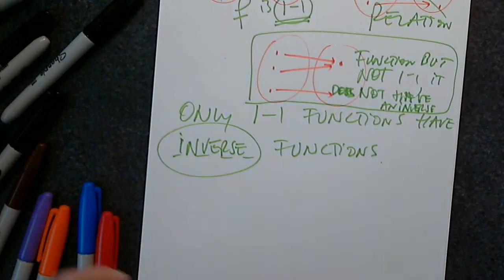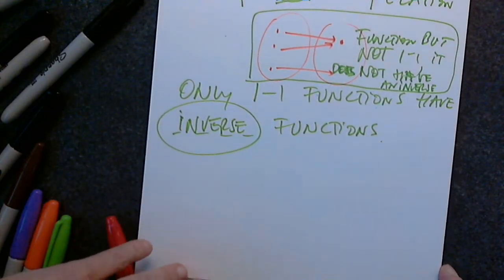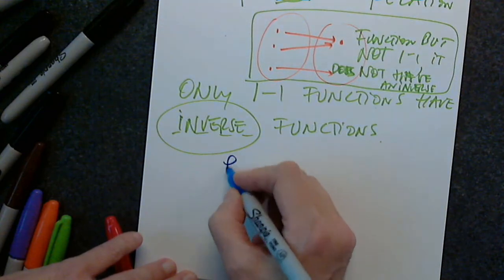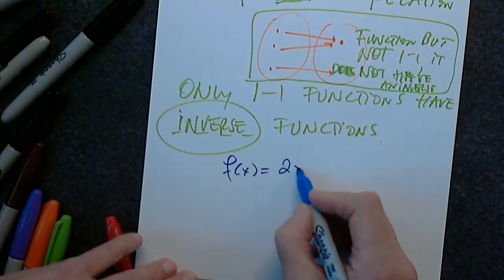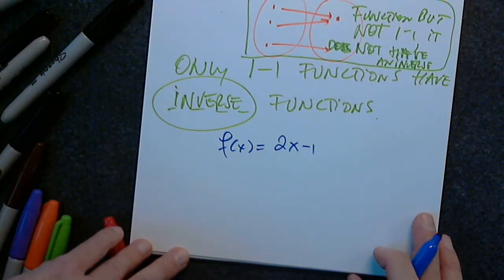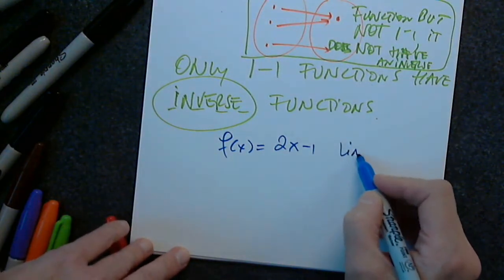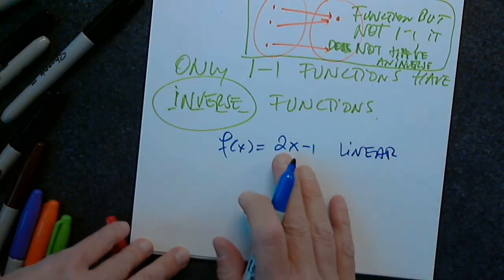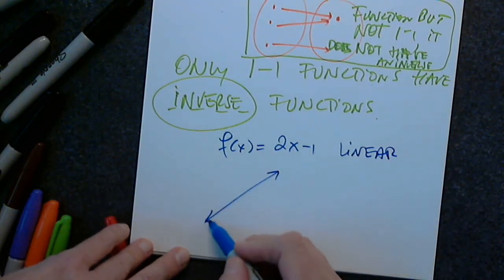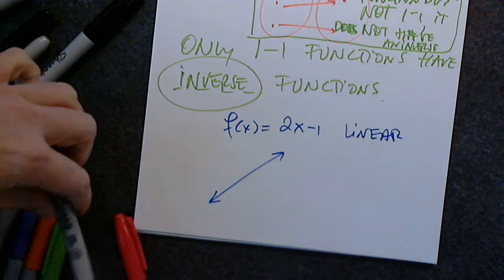Okay. Now the next step is how to find the inverse function. Let's say f of x equals 2x minus 1. What type of function is it? Very good. It has a positive slope. Obviously, the graph will be like this. Do you think that this is one-to-one? Don't answer just yet.